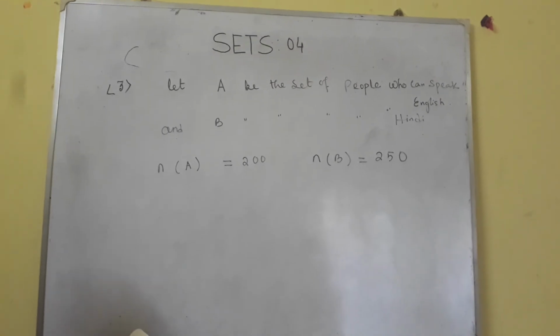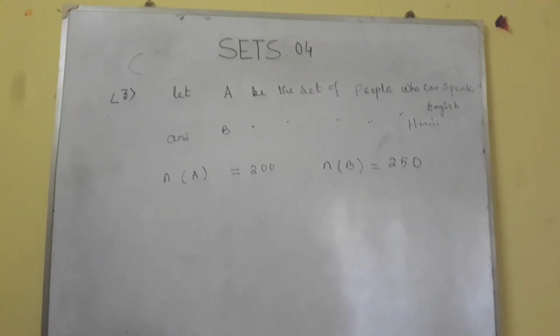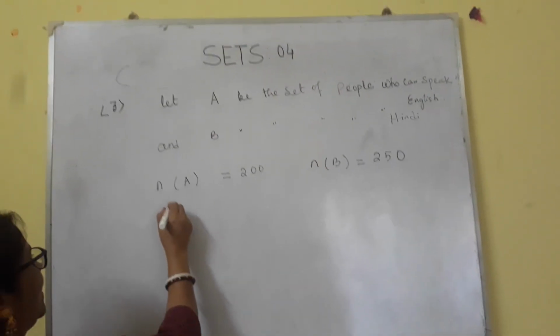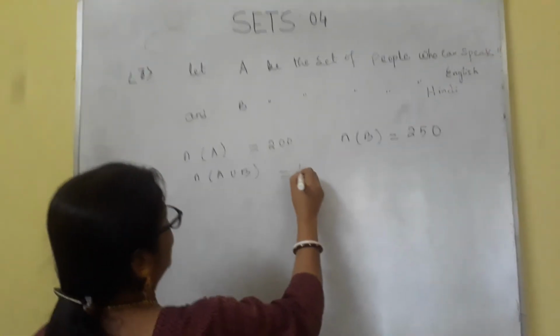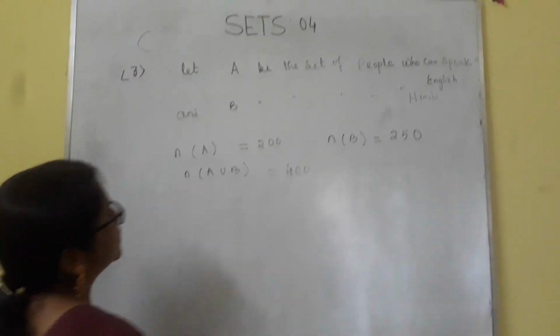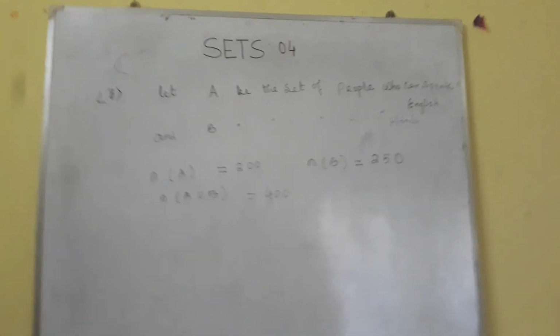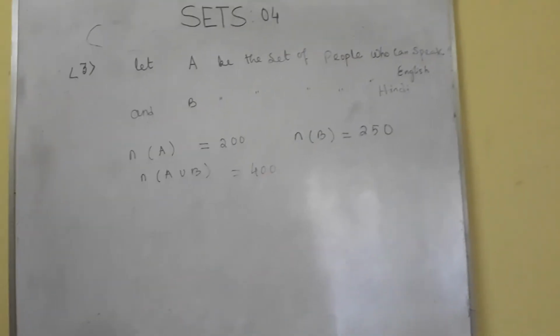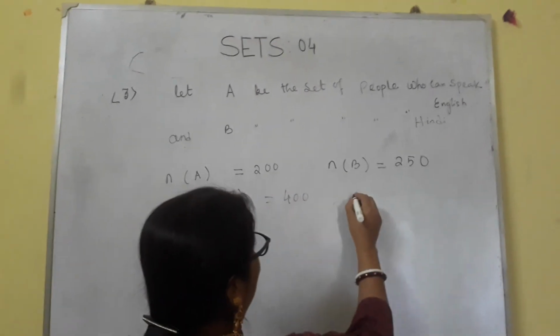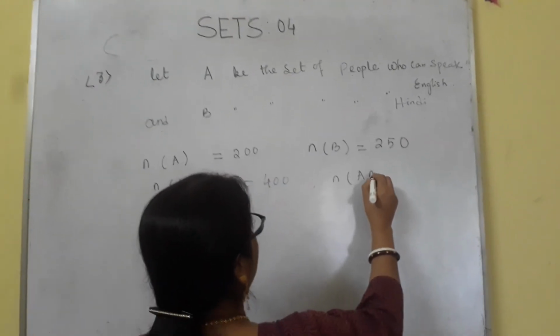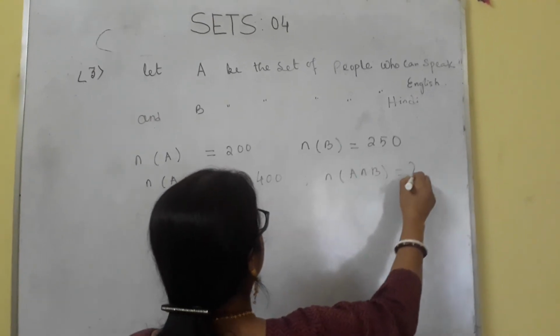How many in the group? The number of people is 400. That means n(A union B) equals 400. Now we have to find how many can speak English and Hindi both. That means we have to find n(A intersection B).